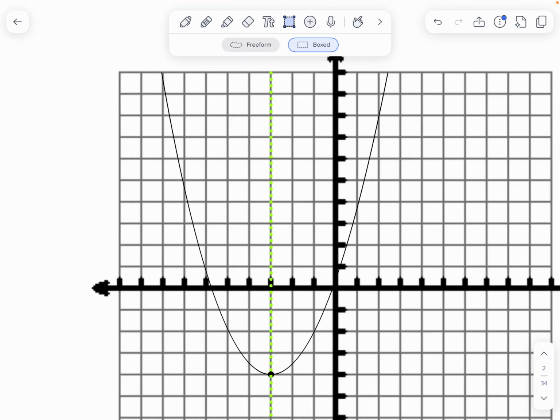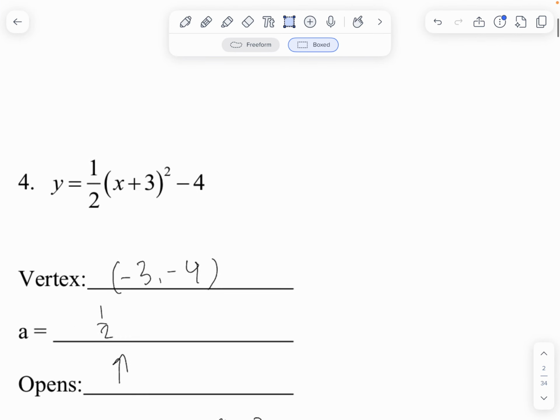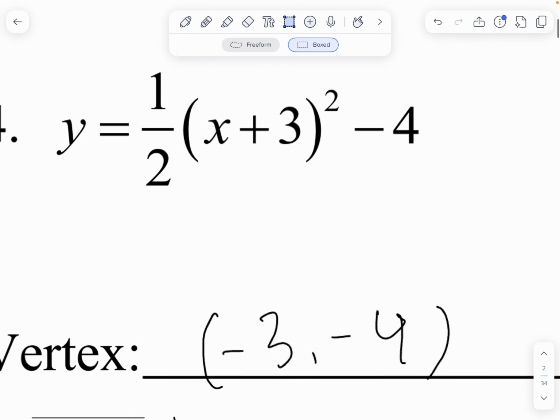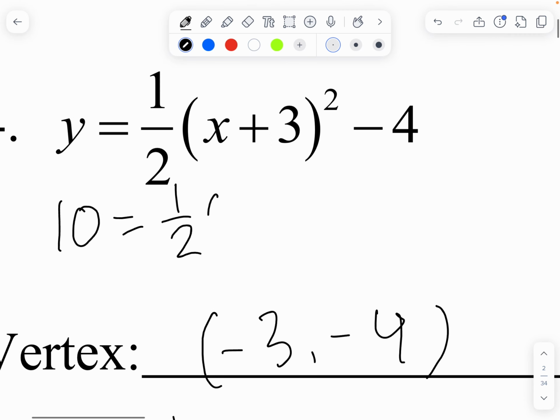Just checking to be sure. Okay, so basically what I want is to find where this is, because I want this graph to be accurate. So 1/2. This step isn't really necessary, but I'm still doing it.